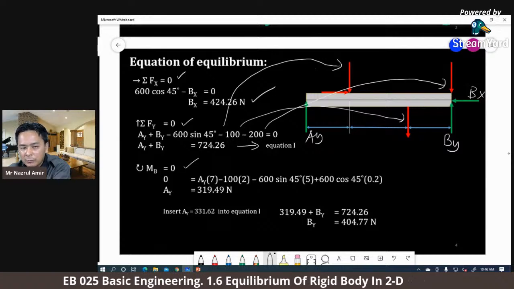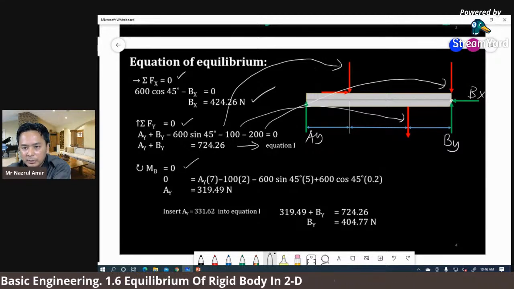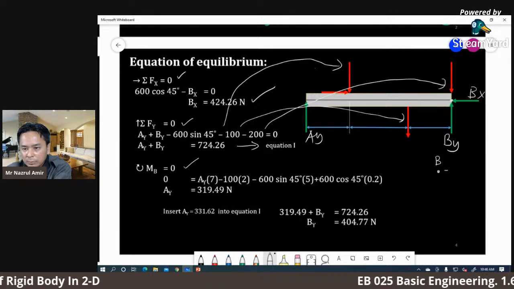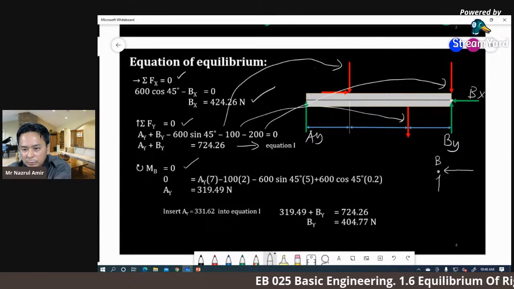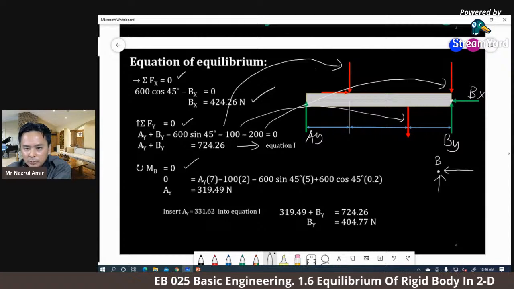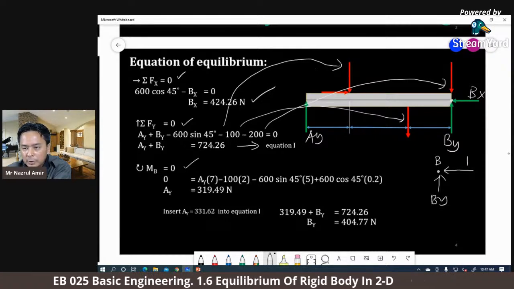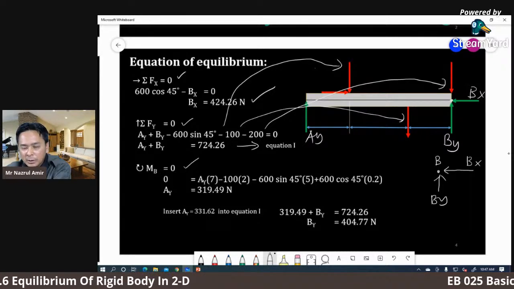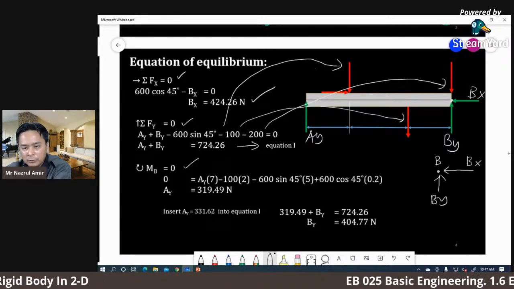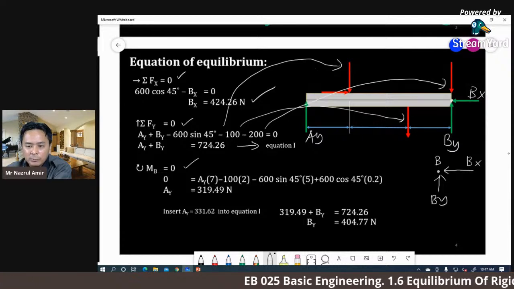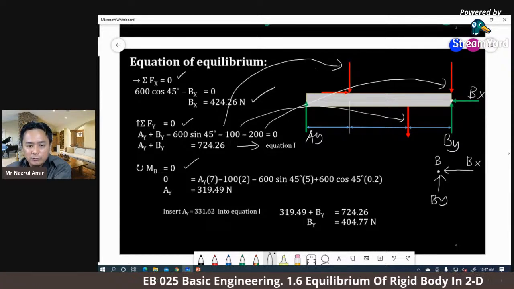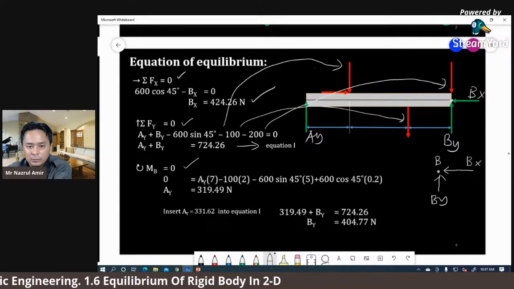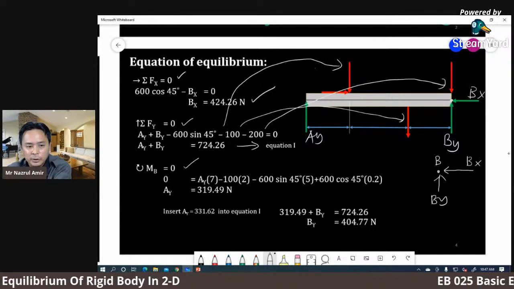So when we take moments at point B, both Bx and By force act at this point, so both can be eliminated in the equation of moment. We can manipulate the situation to eliminate Bx and By, so that we can focus only on finding the other unknown, which is Ay. That's why it is point B.